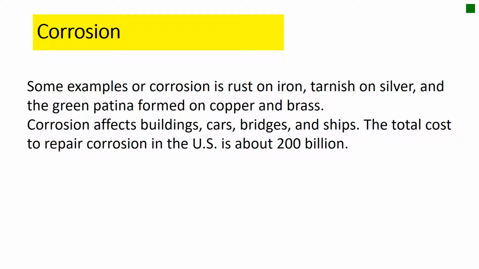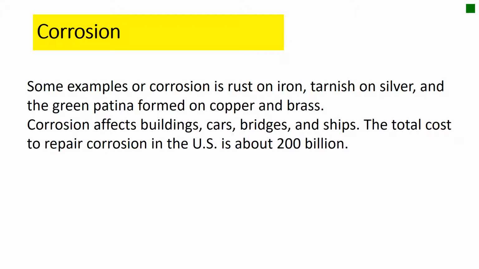We just see, oh, that nail is rusting, oh, the building is rusting, and it's so normal that we think it's not a big deal, but it's happening all over the United States. So corrosion is nothing new to us. We're just seeing it as a chemical reaction that's happening.